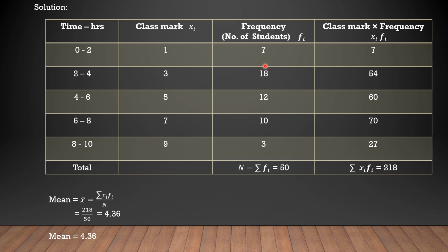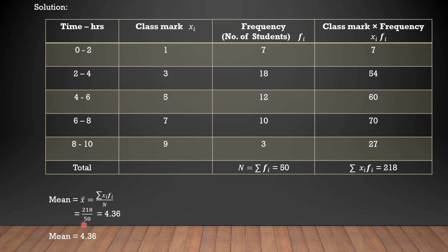Then the formula for finding the mean. So mean, x bar, is equal to summation of xi fi by n. N means summation of fi. So value of summation of xi fi is 218 and n is 50.